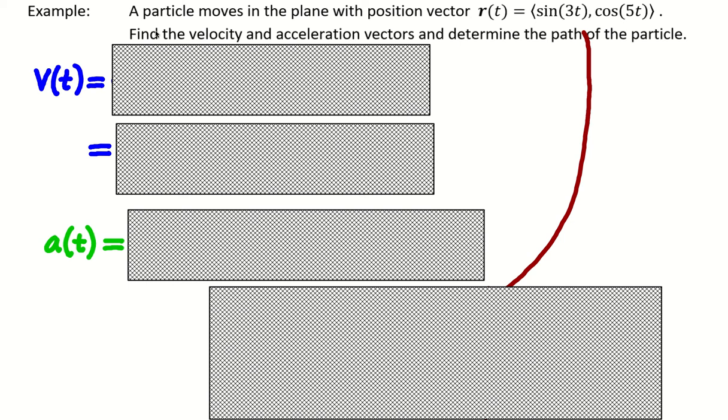Okay, new example. A particle moves in the plane, as particles do, with this position vector. So this would be the position vector at any time t of this particle. Find the velocity and acceleration vectors and determine the path of the particle.